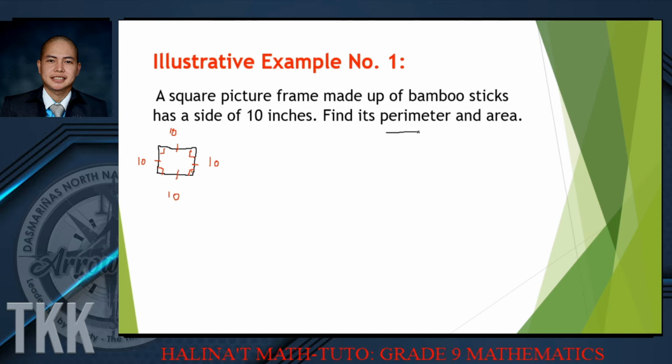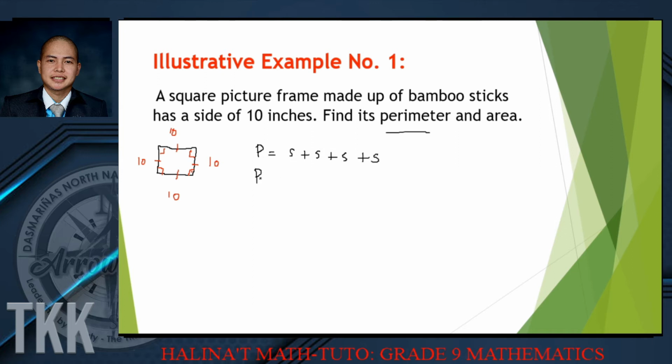When we talk about the perimeter of a square, the perimeter is the length of all the sides. That is the definition of perimeter. So the perimeter of a square, when we add all the sides: let S be the side of a square. So that is S plus S plus S plus S, which is equivalent to the perimeter.